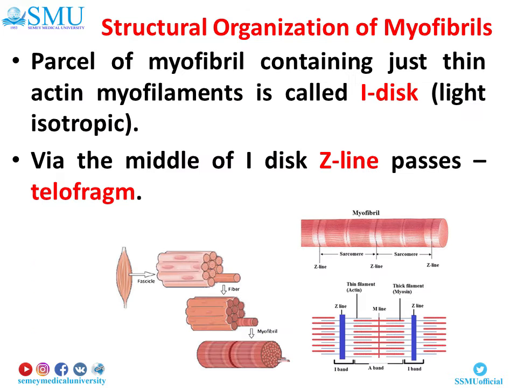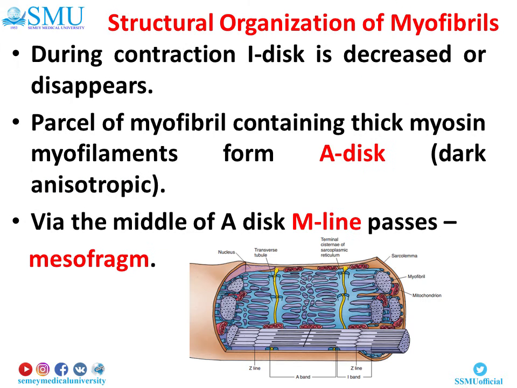Parcel of myofibril containing just thin actin myofilaments is called I disc, light, isotropic. Via the middle of I disc, Z-line pass. It is called telophragm. During contraction, I disc is decreased or disappears.